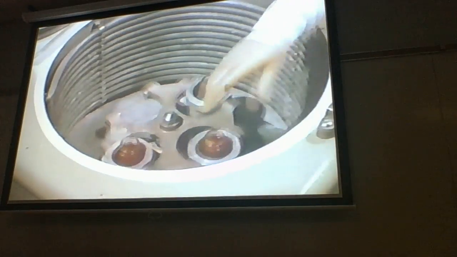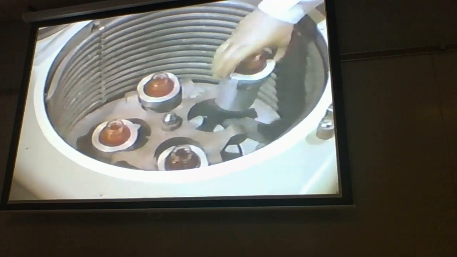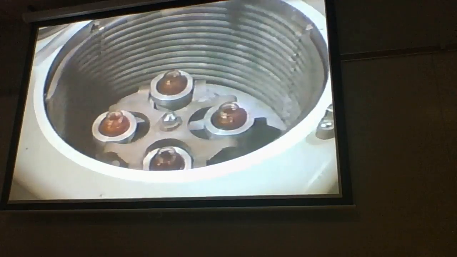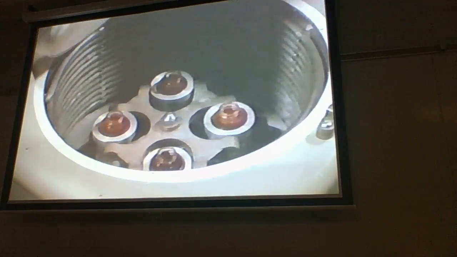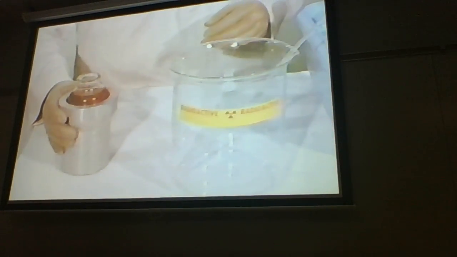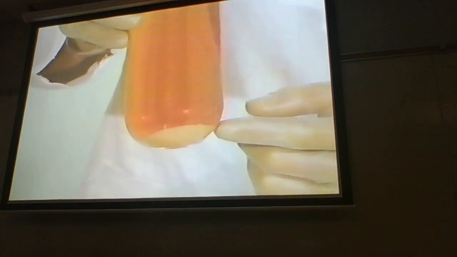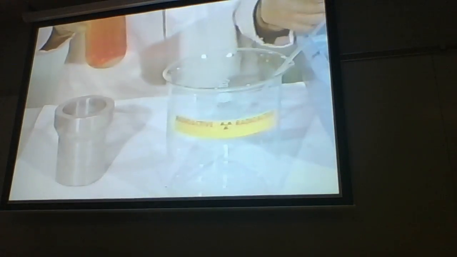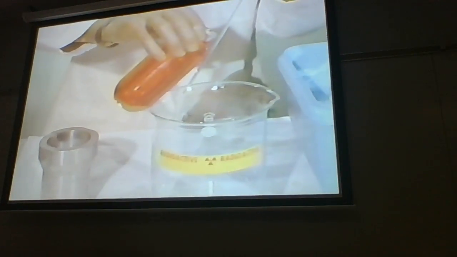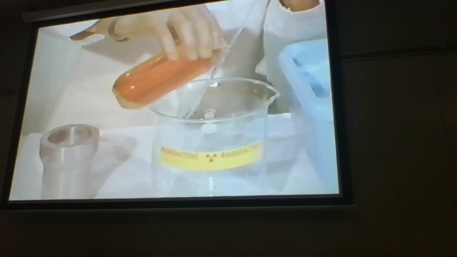The cancer cell suspension is poured into large cups to be spun in a centrifuge. The spinning collects the suspended cancer cells into a pellet on the bottom of the cup. The liquid is discarded.